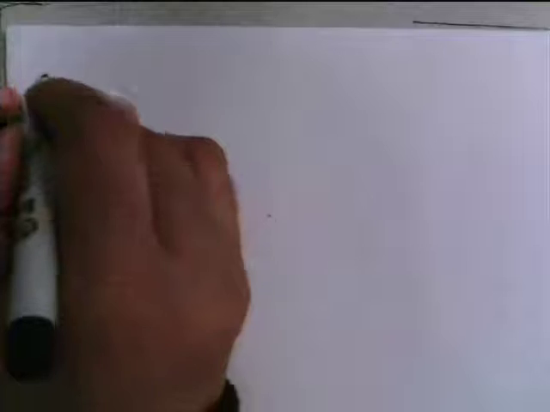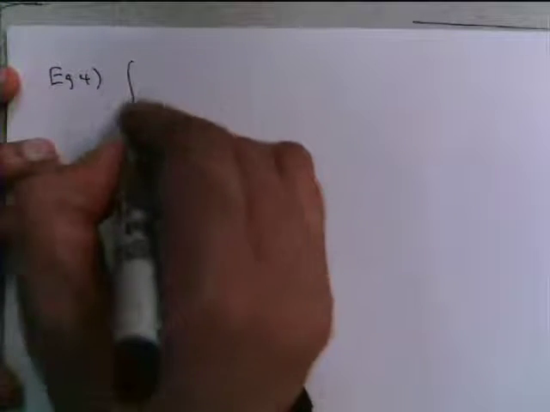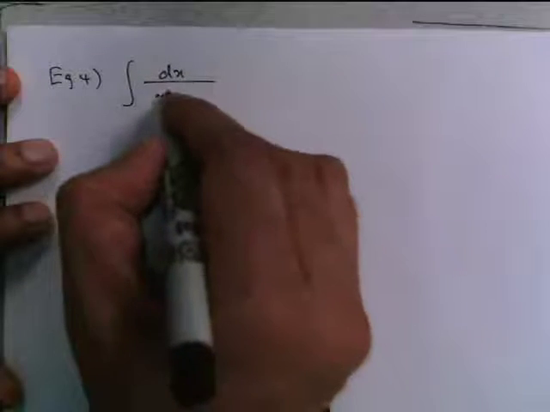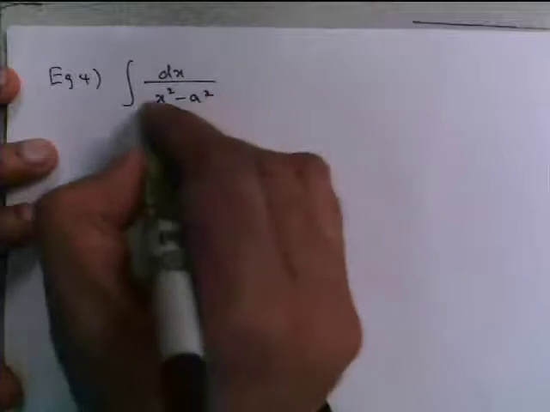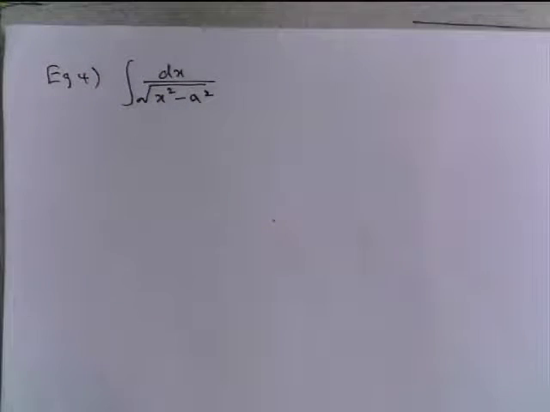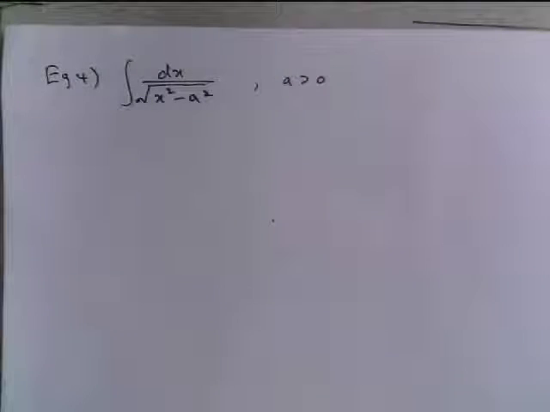How about this? Example 4: the integral of dx over the square root of x squared minus a squared, where a is positive. A is positive, it's given. Because if a is negative, you get a lot of trouble. Okay, how about this?